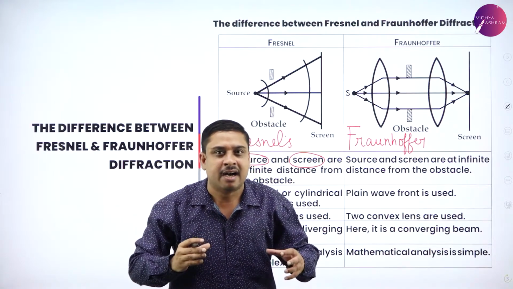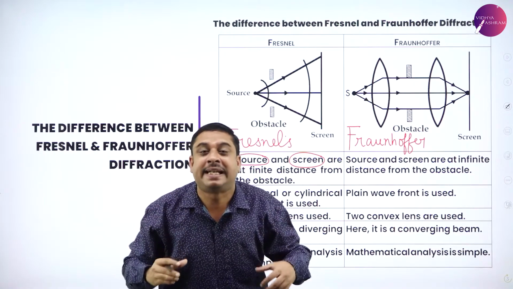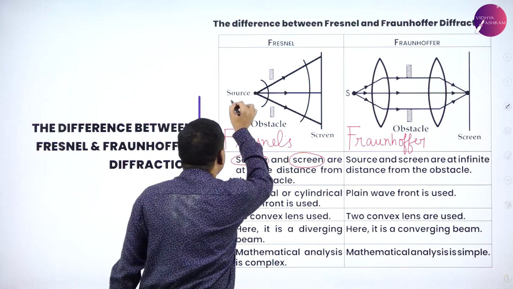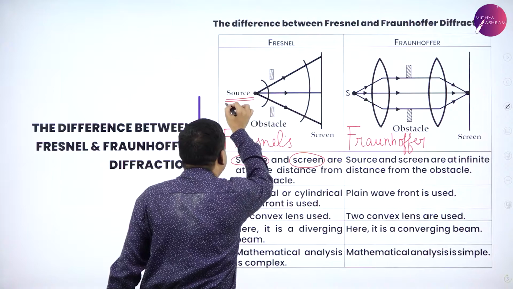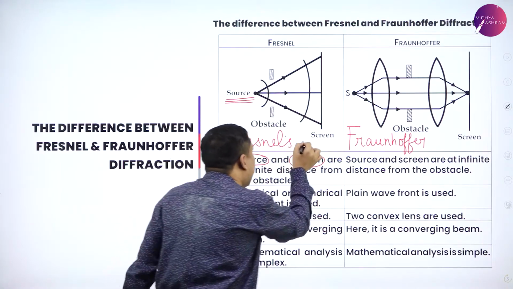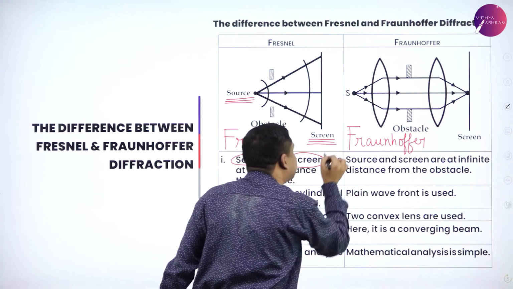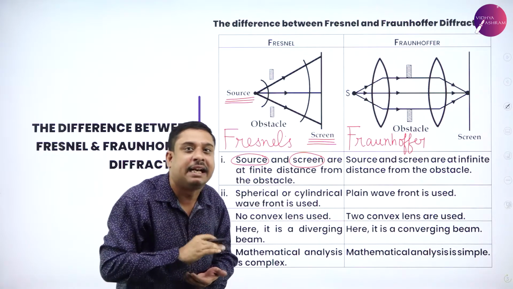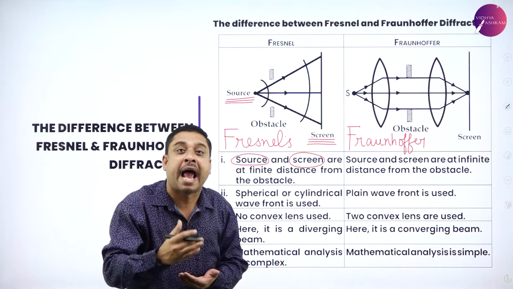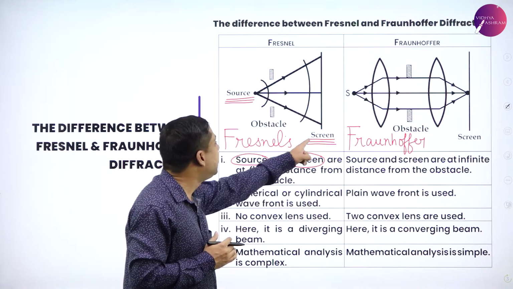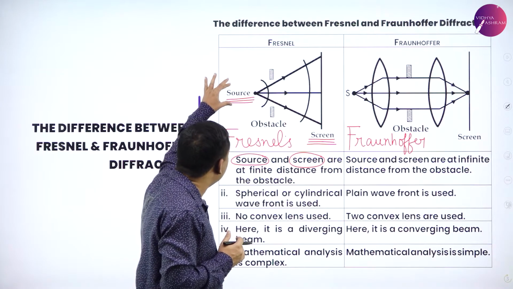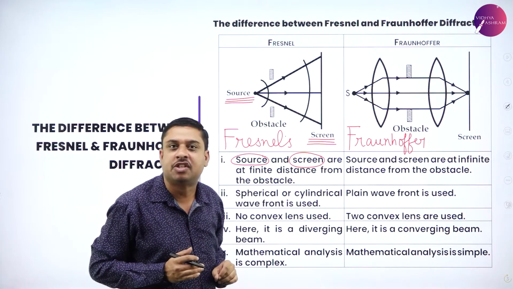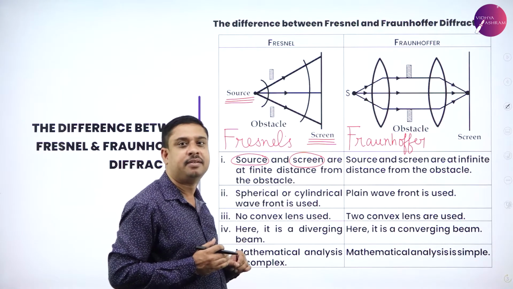Source is something which is emitting light waves. It is the source of light waves. So this is the source. And this is the screen on which diffraction pattern, here we call diffraction bands, is obtained.